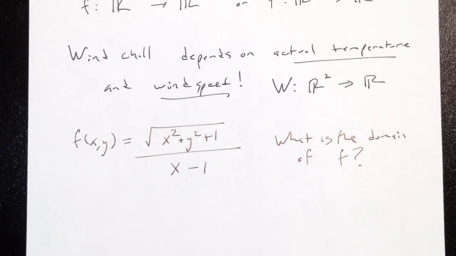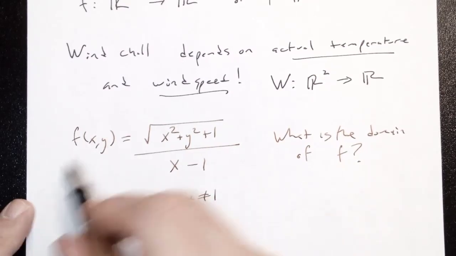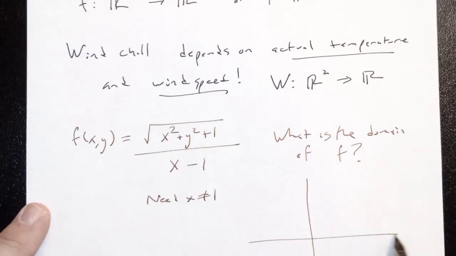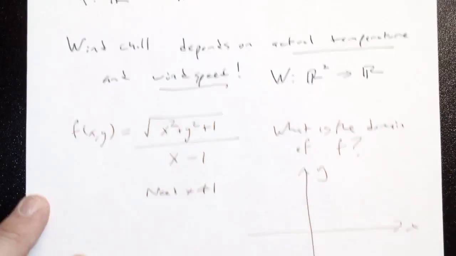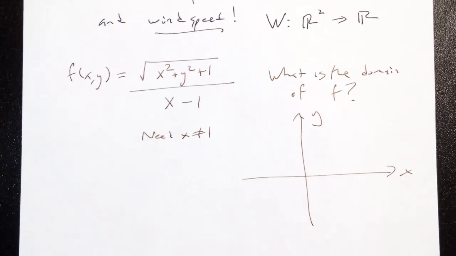A definition of domain is the set of numbers that make sense when you plug it in, right? So what's the first thing you can guarantee me is going to mess this up? But more specifically, X being 1, right? Now, remember, I'm thinking of the domain in X and Y. So the set where X is equal to 1 is a line.